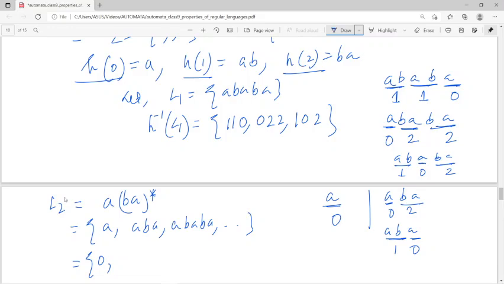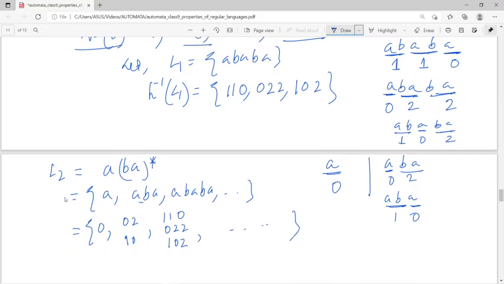There are two possibilities. So for aba there is either 0 2 or 1 0. And of course if this is aba ba, we already showed that the possibility is 1 1 0 0 2 2 1 0 2. So it goes on like that. So this is the inverse homomorphism.